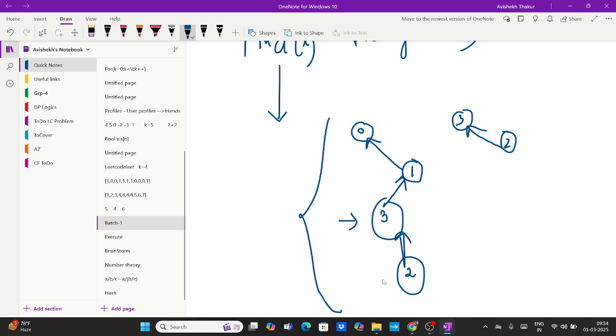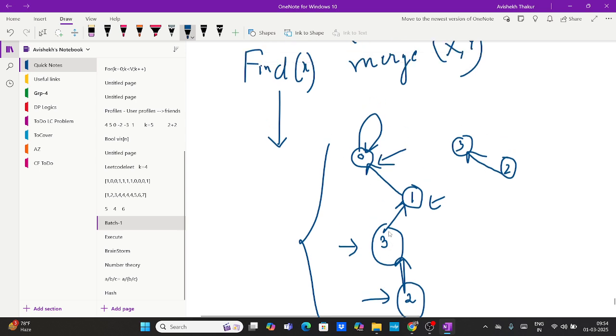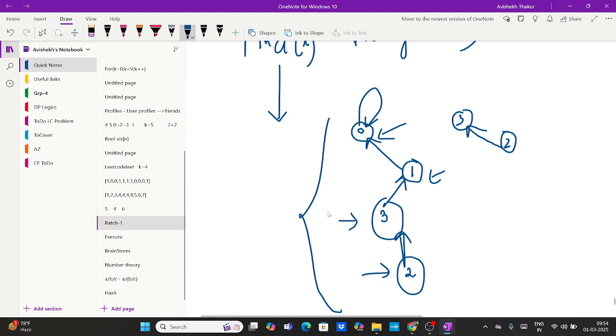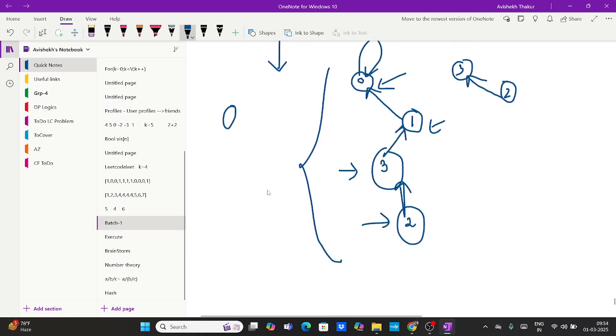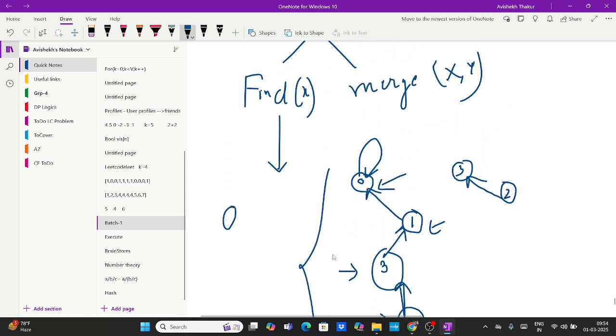If you ask for anything in this component, whether 2, 3, 1, or even 0, find of 3 should return 0. Why 0? Because 0 is the representative or the root. Is find x clear? I'm not asking about implementation. Is the theory clear? That's all I need.